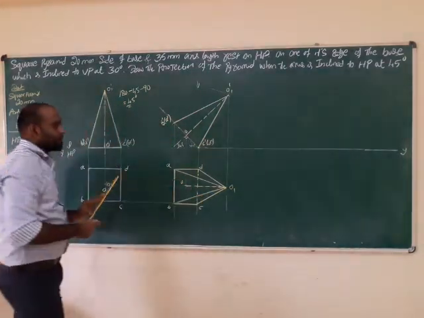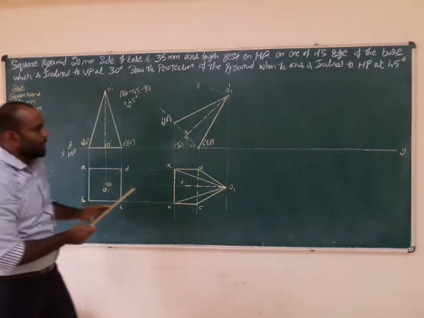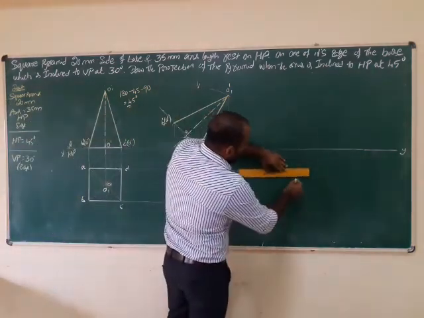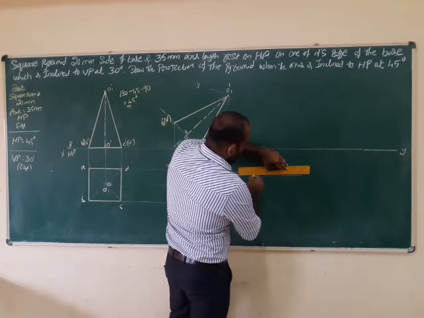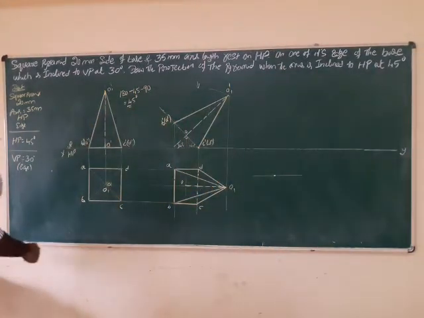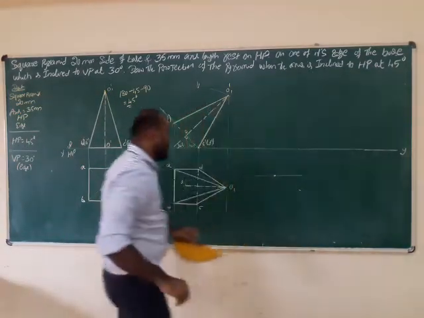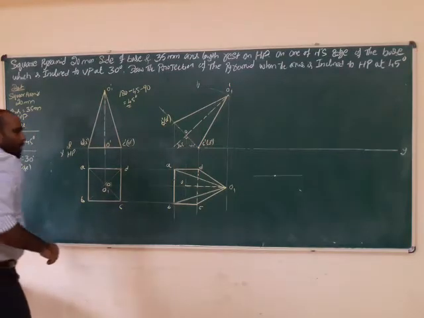Now, in the third step, the VP angle is 30 degrees with respect to the edge. I have to take a distance parallel to the XY line, 30 degrees given. Measure 30 and draw the line.